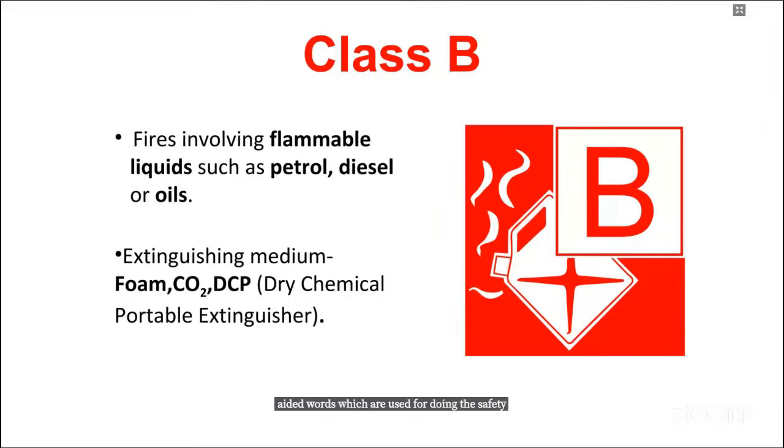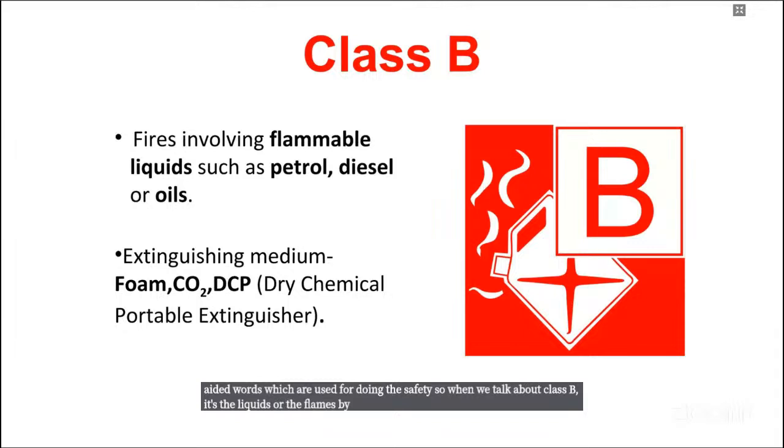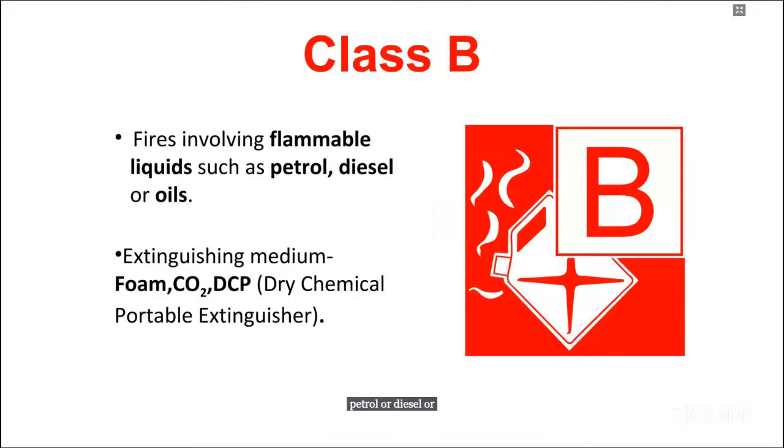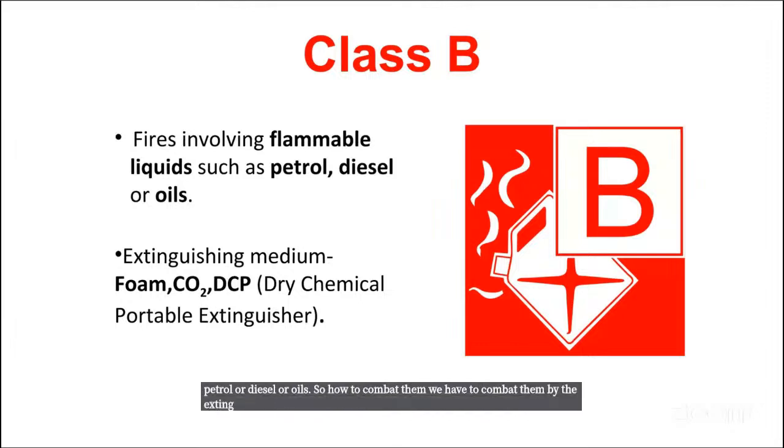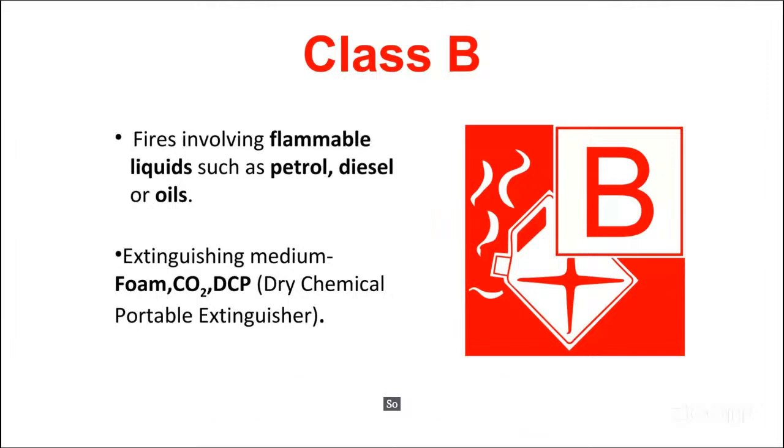So when we talk about class B, it's the liquids or the flames by petrol or diesel or oils. So how to combat them? We have to combat them by the extinguishing medium of dry chemical portable extinguisher. So if we talk about class A, B, C, these classes come under these dry chemical portable extinguishers.